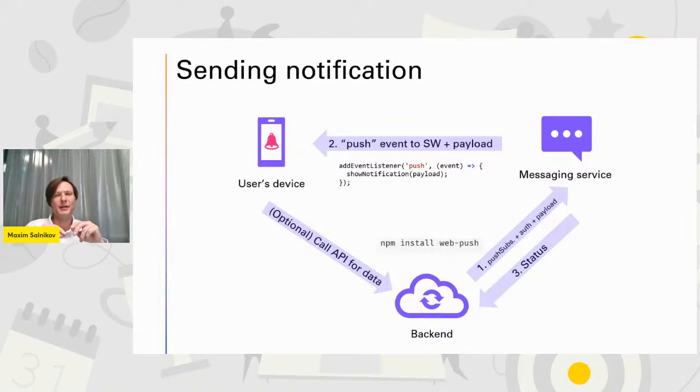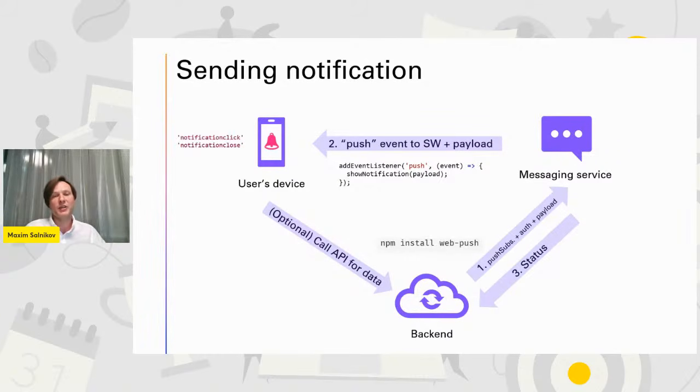I mean, we can use different tools for checking this, but it's at least, let's say, a technical status. For example, whether this subscription is still available currently on this messaging service, and if not, for example, if users unsubscribed and you somehow missed this in your backend, you can remove it from your database, so as not to make unneeded calls with expired subscriptions.